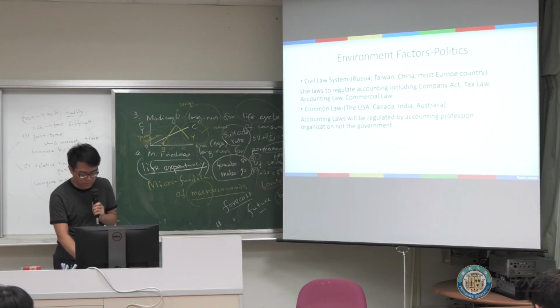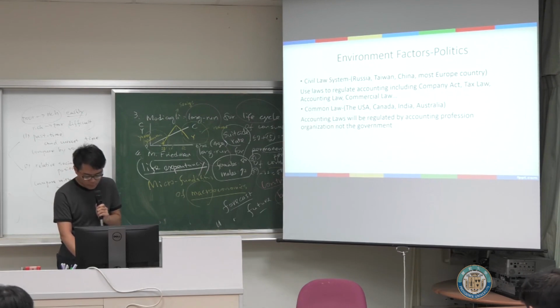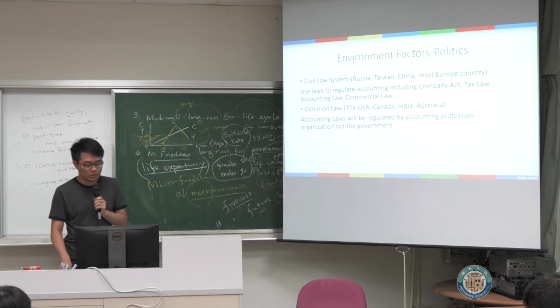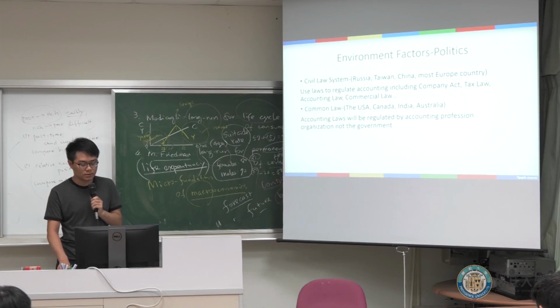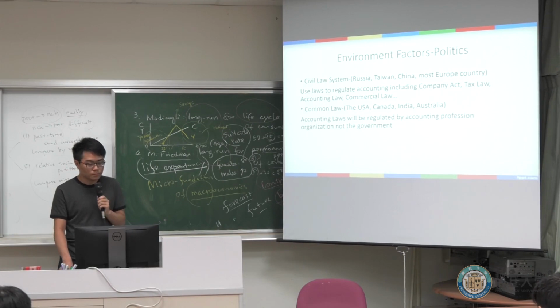Politics is related to a country's law policy. Therefore, it can also affect the accounting environment. Countries that apply civil law systems, such as Russia, Taiwan, China, and most European countries, use laws to regulate accounting, including Company Act, tax law, accounting law, and commercial law.